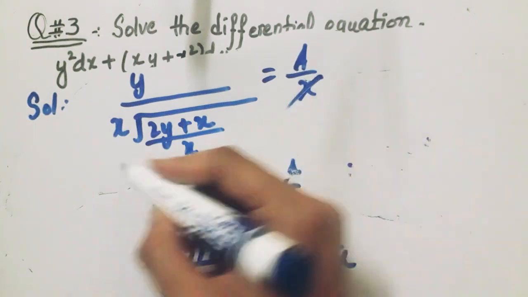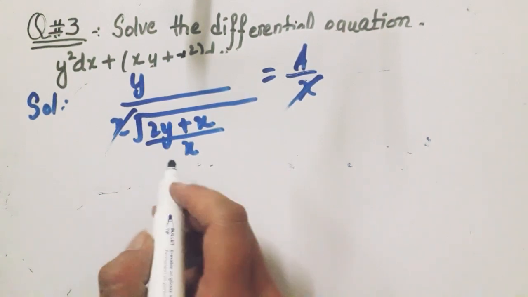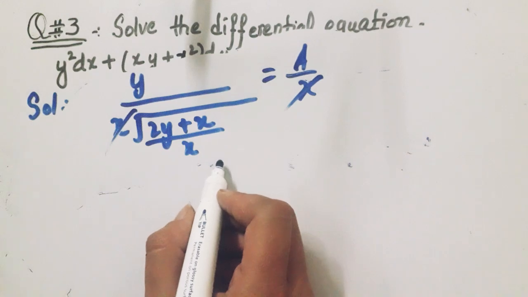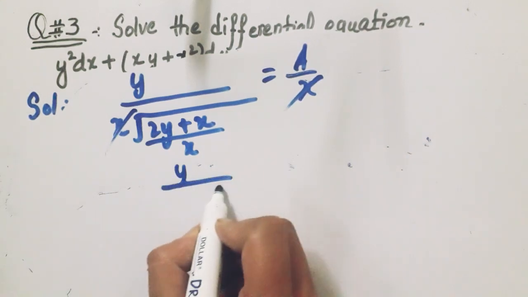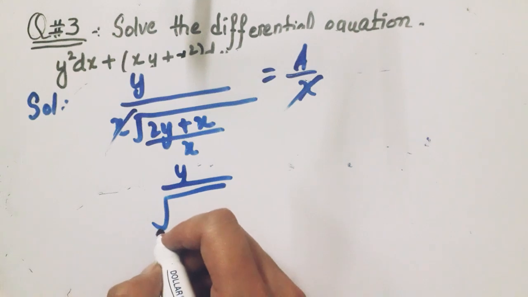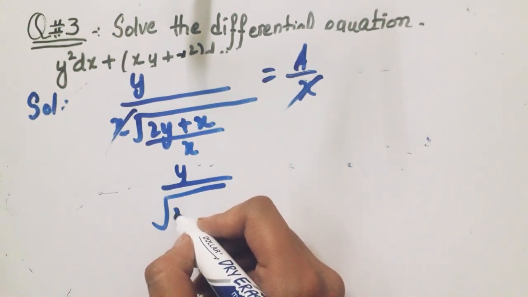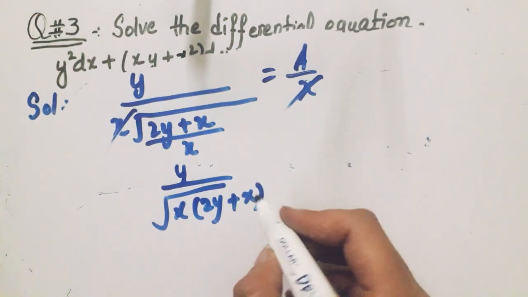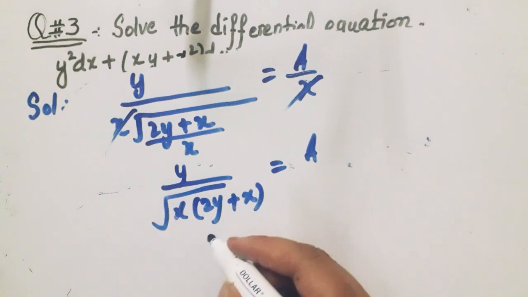So this x is cancelled out by this x and we will get y by square root of x into (2y plus x) is equal to a.